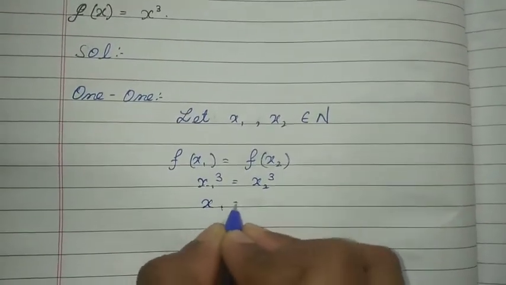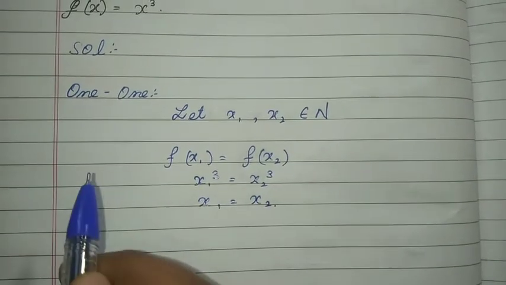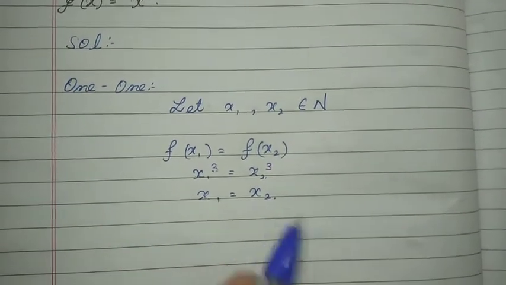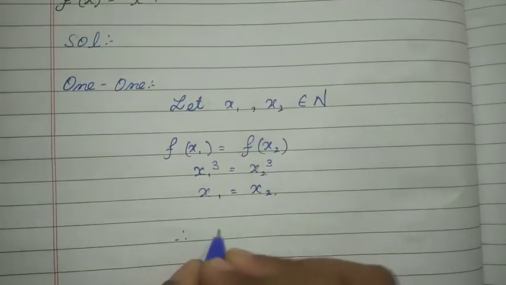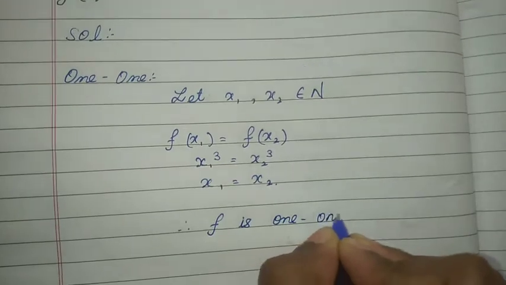So therefore x1 is equal to x2. Since there are no negative numbers in natural numbers, we need not worry. Therefore we will write f is 1 to 1, that is injective.